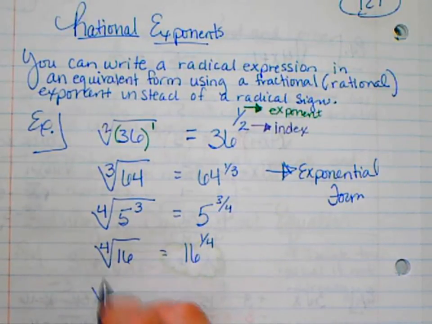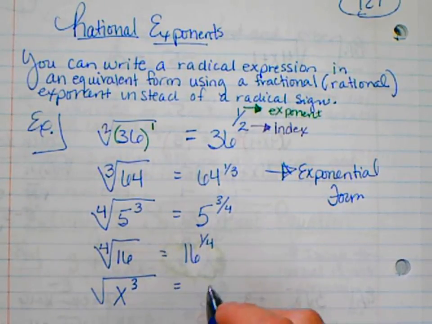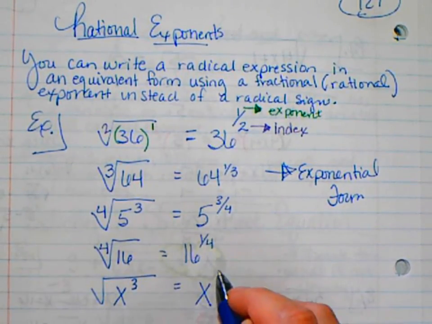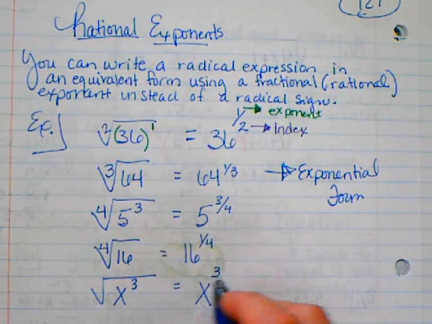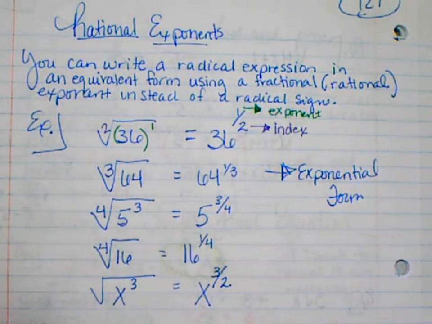How about the square root of x cubed? X raised to the 3 halves. The index is 2, right? And we don't say 3 twos, we say 3 halves, right? So x raised to the 3 halves.